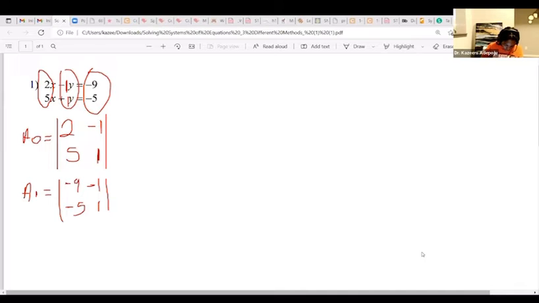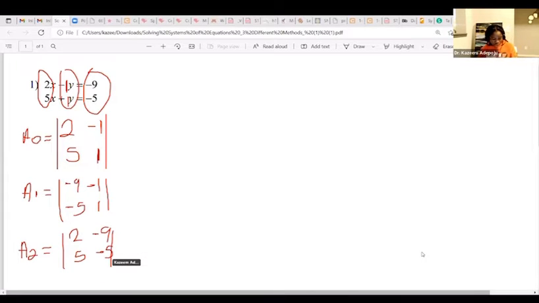Now we have to get our A2. So our A2 equals, we put our little line. And now we go back all the way to A0, and we write this 2 and 5, exactly how it is. 2, 5. And then we also write our -9 and -5. So -9 and -5.